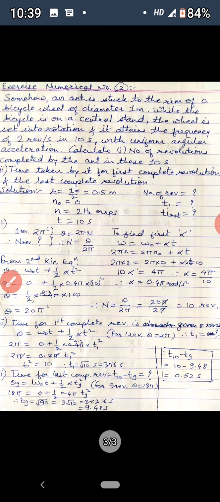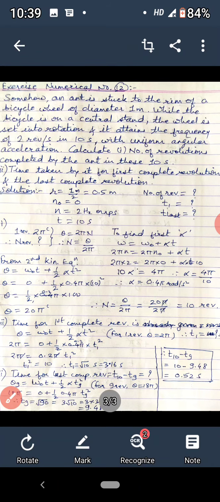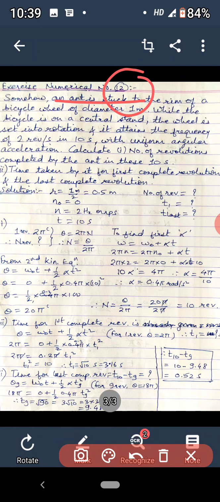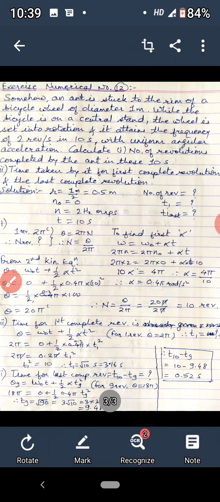Now the second numerical is given for exercise in the 12th standard textbook, and that numerical is number 12. Let us solve it, which is of this type number 1. An ant is stuck to the rim of a bicycle wheel of diameter 1 meter.